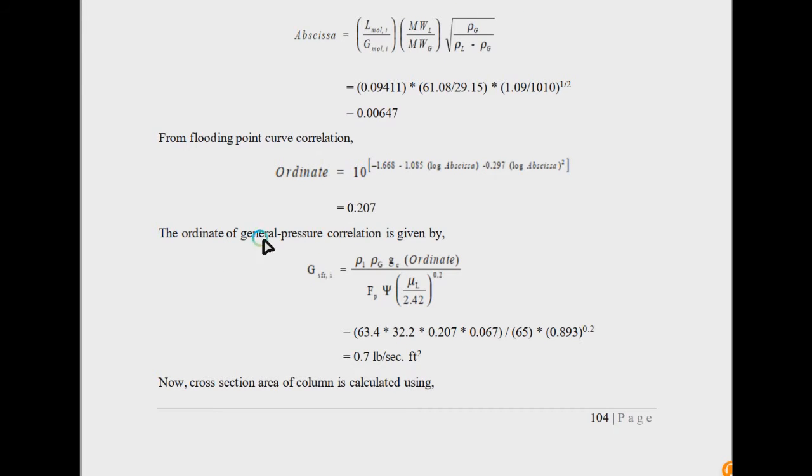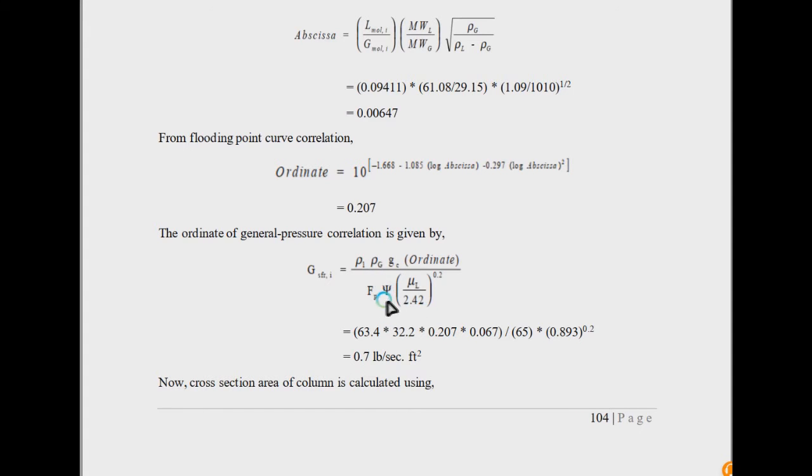From the ordinate of the generalized pressure correlation, GSFR I is equal to the ordinate you have calculated, multiplied by density of liquid and density of gas, times GC, which is 32.2 for English units, divided by the packing factor. The lower the packing factor, the better the mass transfer coefficient or mass transfer rate. So packing factor plays an important role: how much the column is packed and how much it is void.